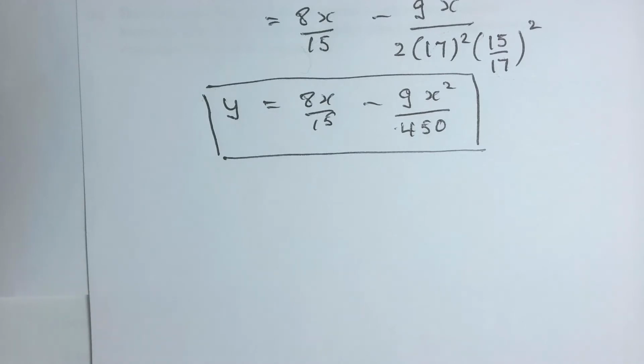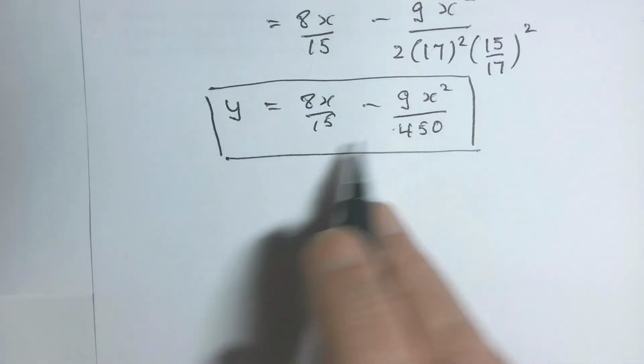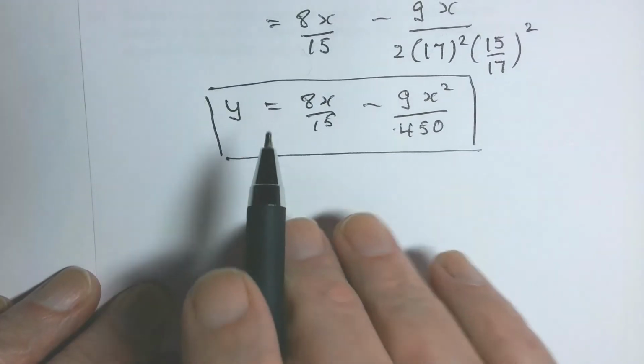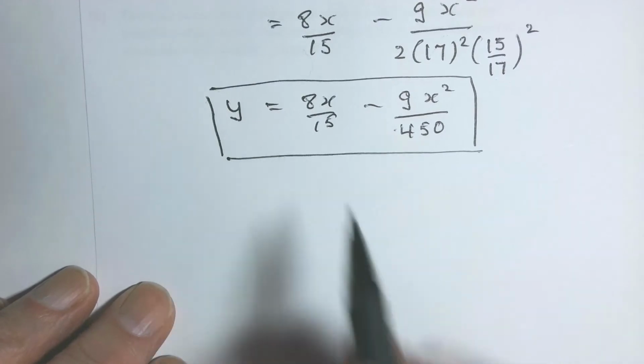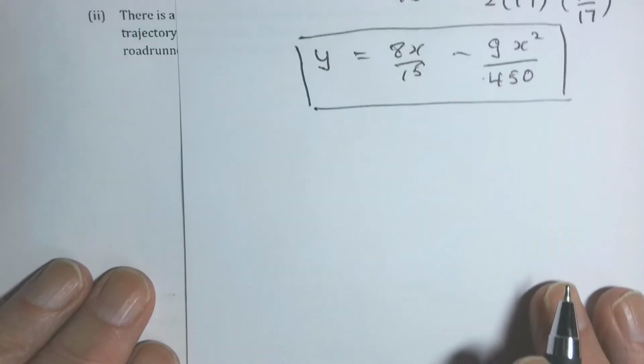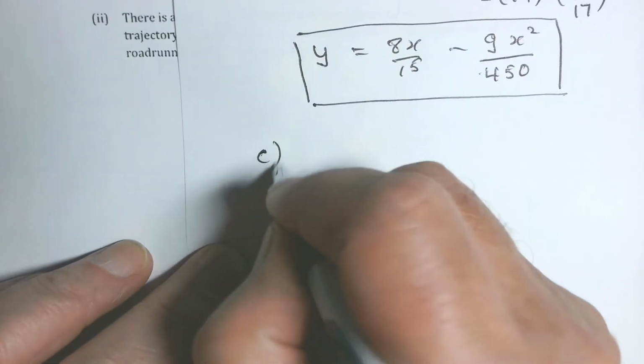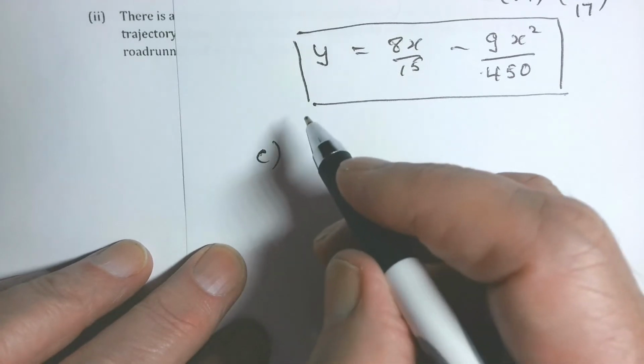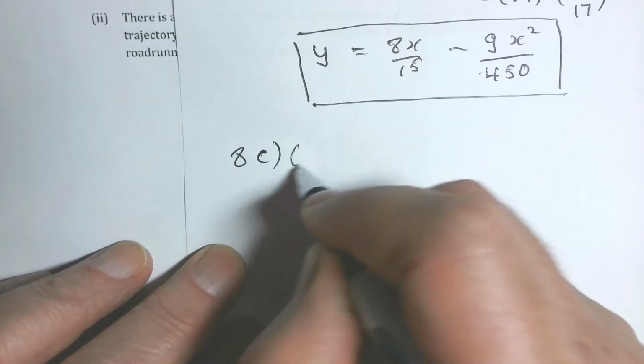It's really just there to illustrate why this equation is quite useful. So let's keep this equation in mind for part C. So this is 8C part 1.